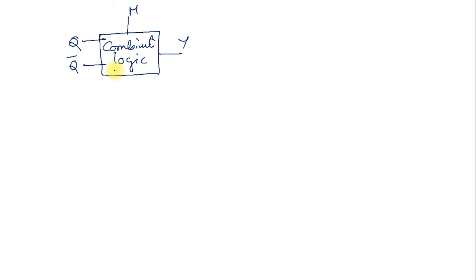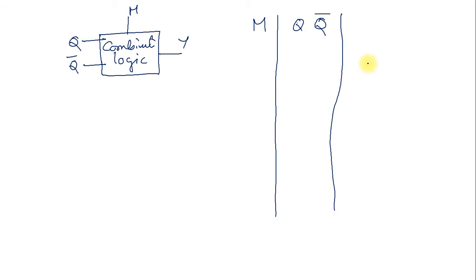Based on this we can formulate a truth table with M, Q and Q complement, giving Y. M has two values, 0 and 1.